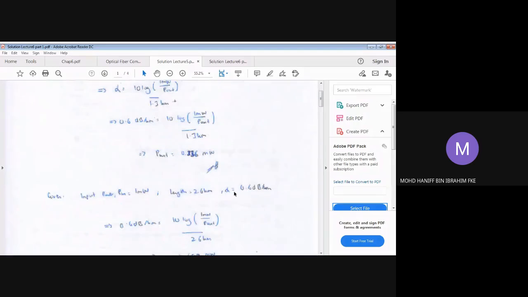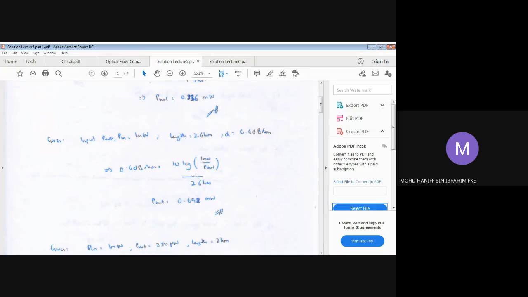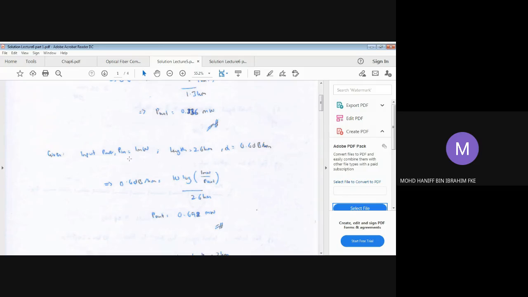The same thing applies for the second example. We have about the same question, but the length is now changed to 2.6 kilometers, with 0.6 dB per kilometer as the coefficient. So 10 log of input power 1 milliwatt over the output power, divided by 2.6 kilometers, gives an output power of 0.698 milliwatt. So as the distance increases, the output power is reduced significantly.